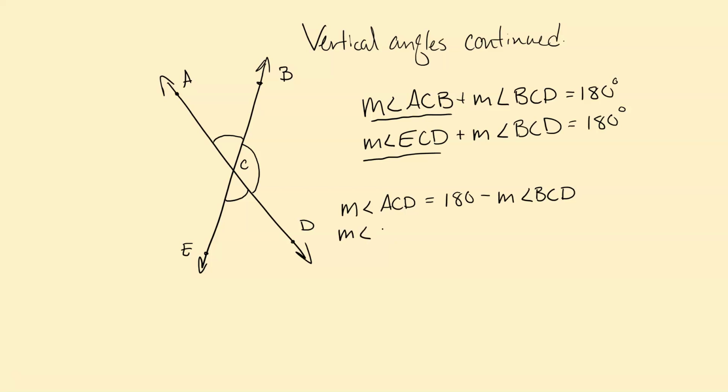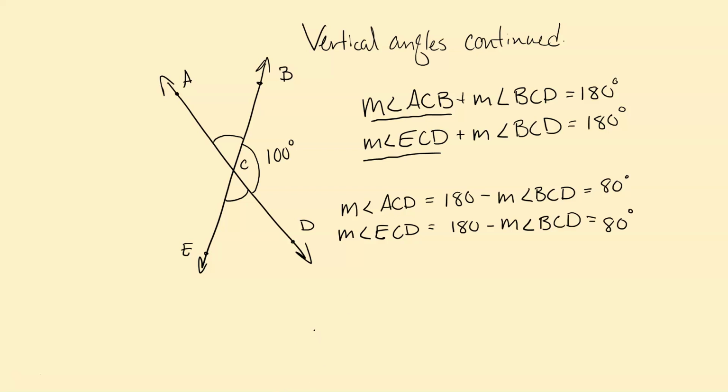The measure of angle ECD equals 180 minus the measure of angle BCD. So these two angles equal the same thing. They both equal 180 minus BCD. So let's say we know this BCD is 100 degrees. Then that means we know that both of these, 180 minus 100, equals 80 degrees.